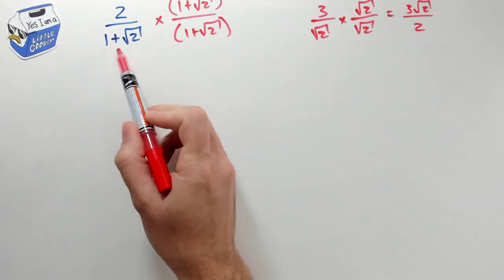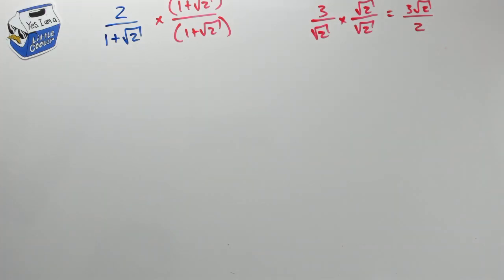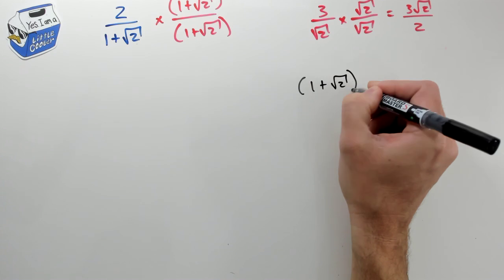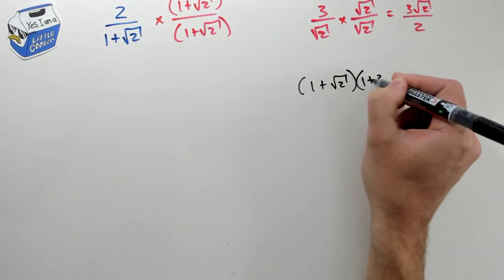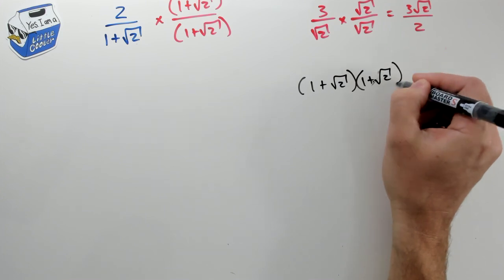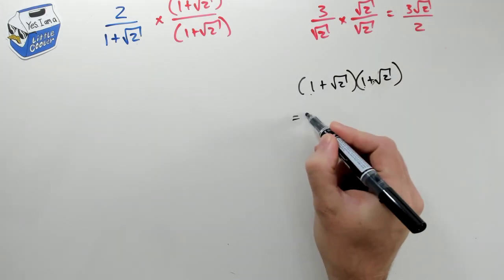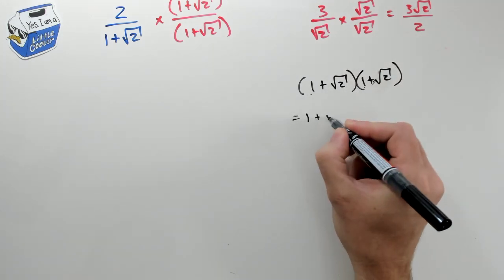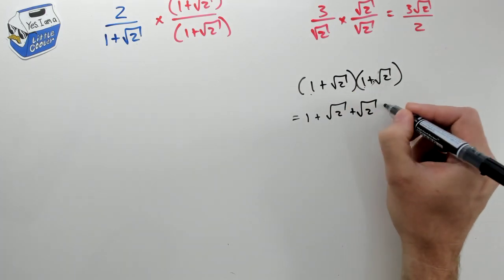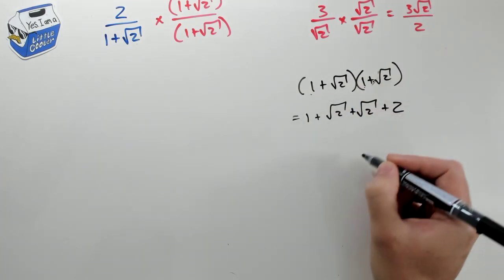But here that's not going to be an option, because let's just rewrite what's happening here. If I did 1 plus the square root of 2 times 1 plus the square root of 2, 1 times 1 is going to give me 1. And then that's going to be plus the square root of 2 and plus another square root of 2, and then plus 2.